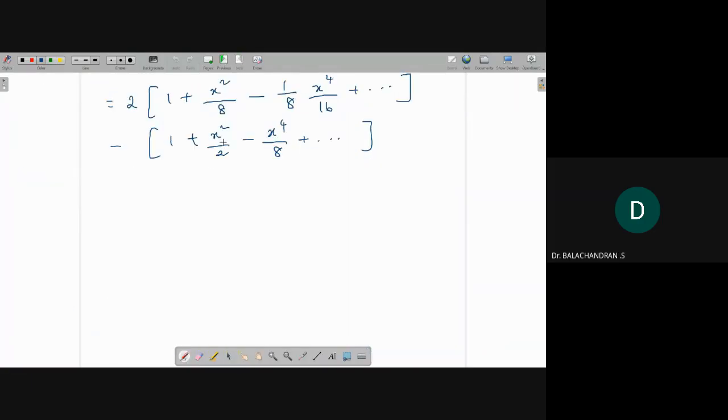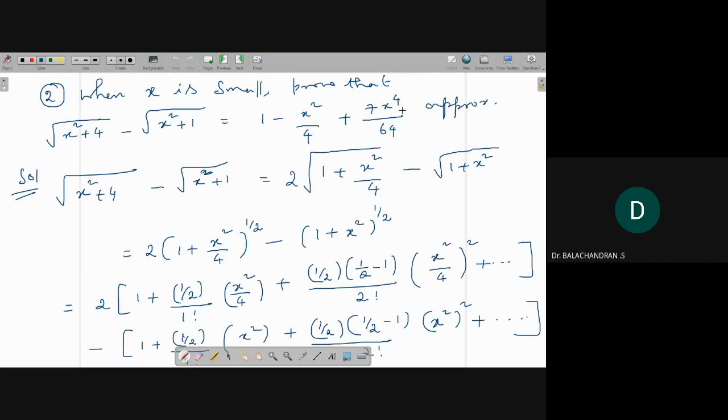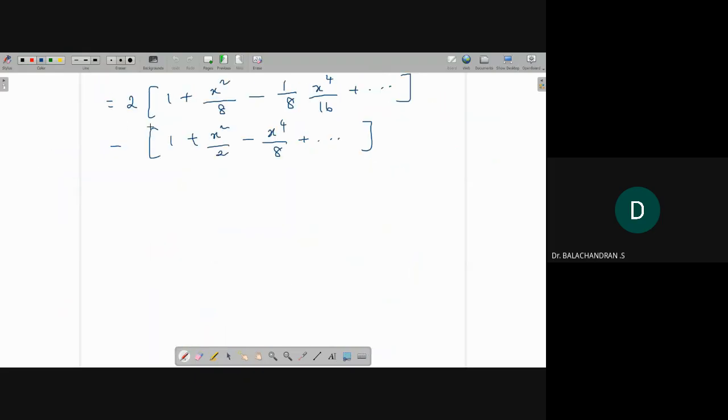Okay, so we simplified up to this. Now we need this expression finally. So here you have 2, here you have 1. So 2 minus 1 is 1. Take the coefficient of x square commonly: 1 by 4 minus 1 by 2.